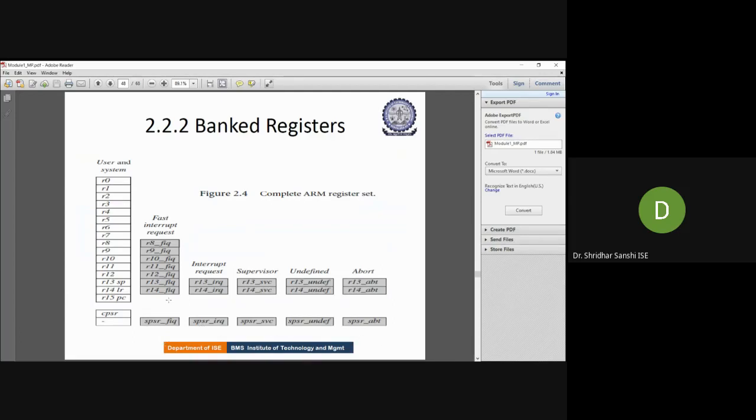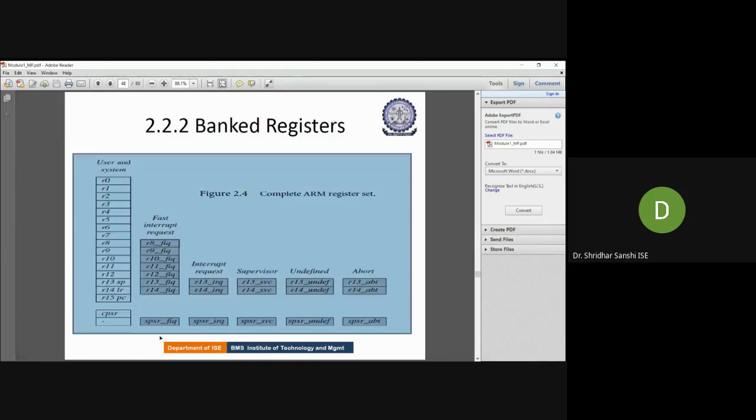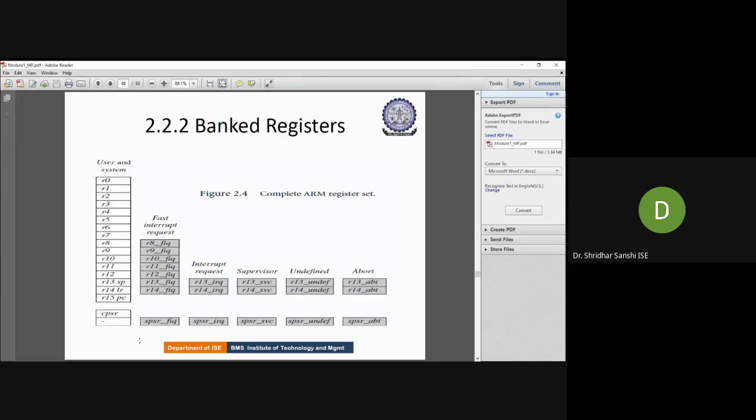Say suppose another example: if we are executing in user mode and an interrupt comes, the contents of this interrupt request register, that is R13_IRQ, will be replaced with R13 SP. But the user contents will be saved as R13_user, because it is user mode.